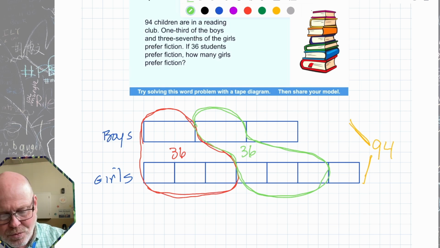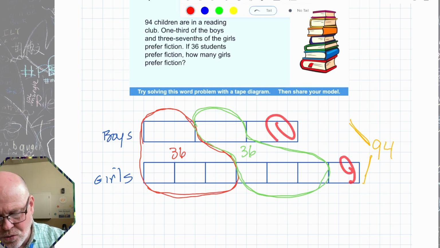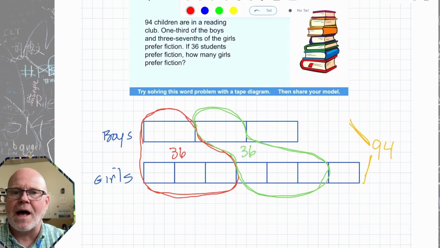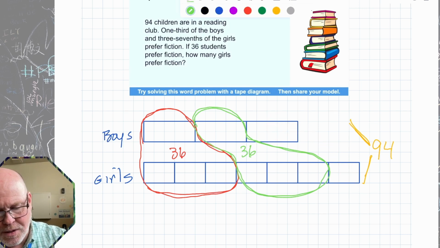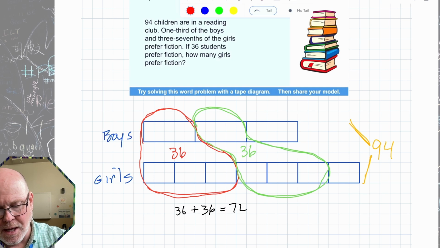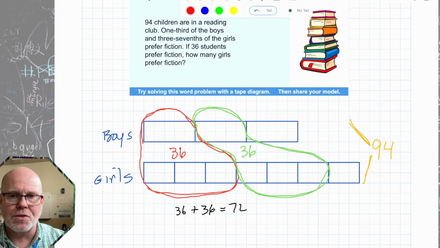And now I'm left with just these last 2 units, and I don't know their value. So let's find that out. Well, I know that 36 plus 36 is 72. And altogether, we're supposed to have 94 students.